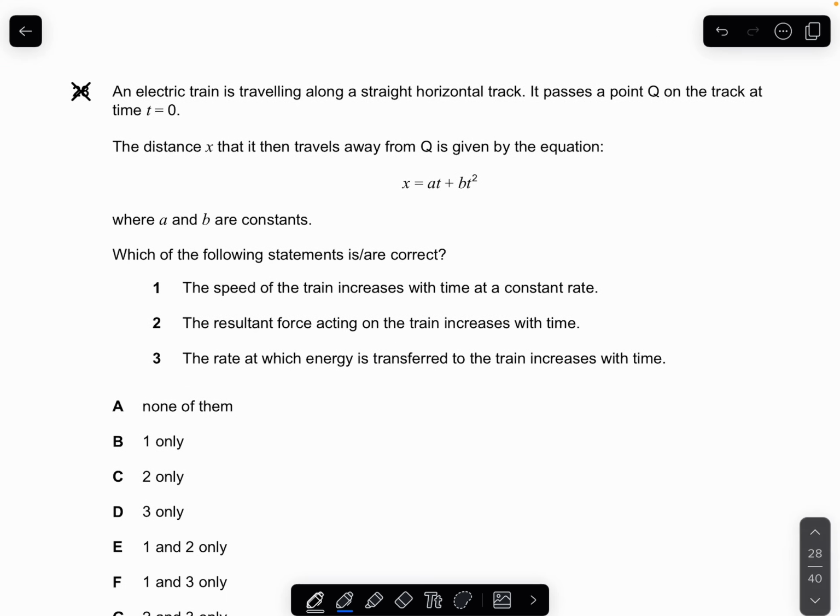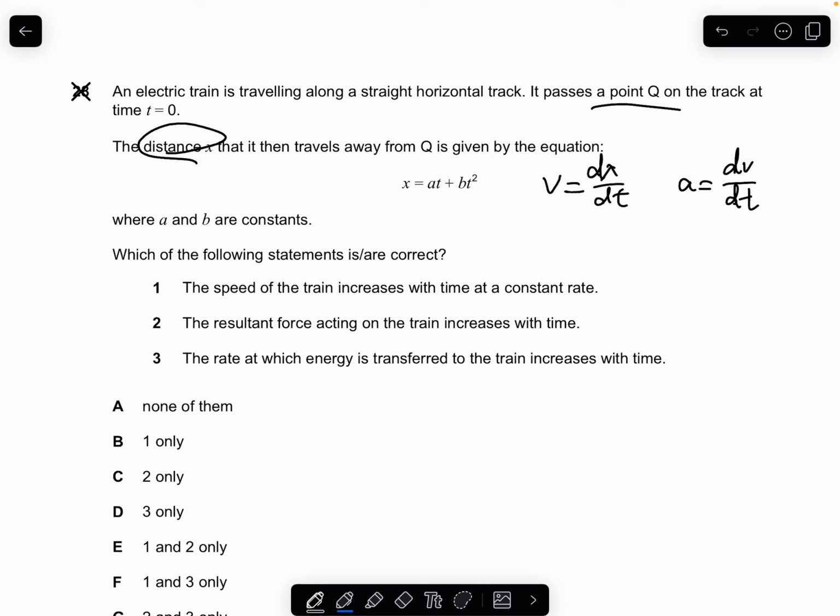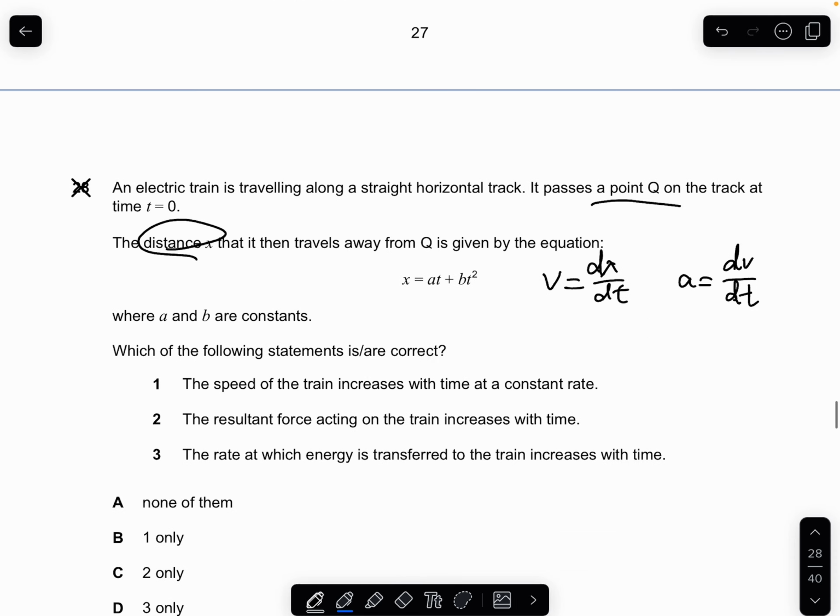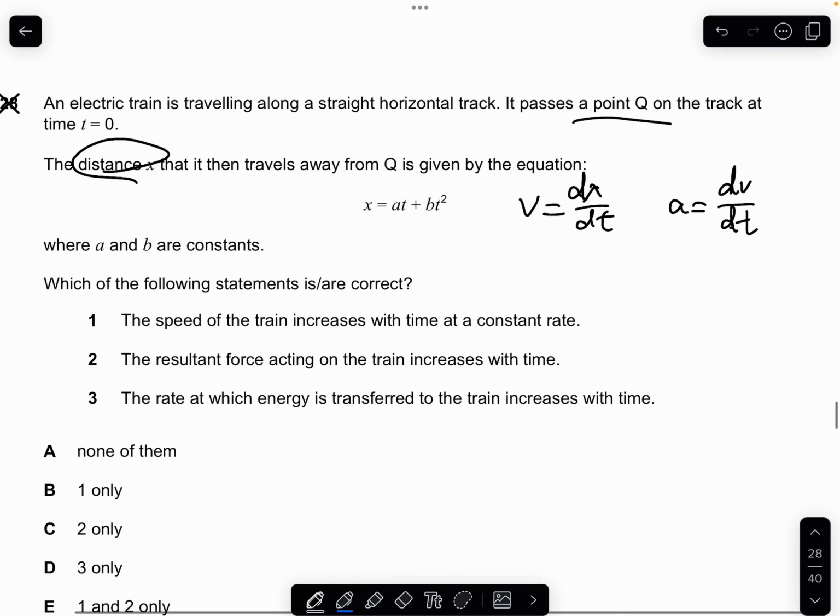An electric train is traveling along and it passes the Q distance, okay? V and A. Well, this is the distance.